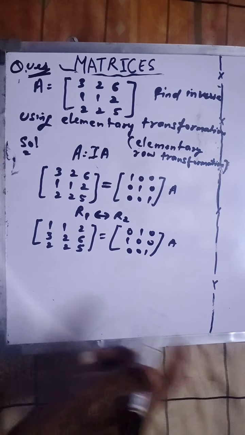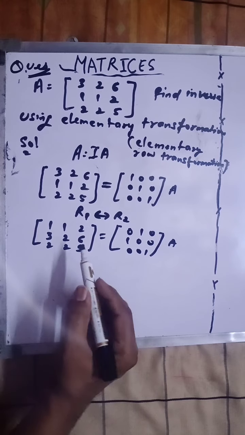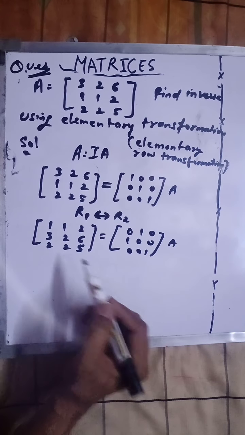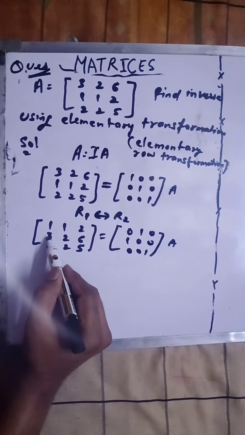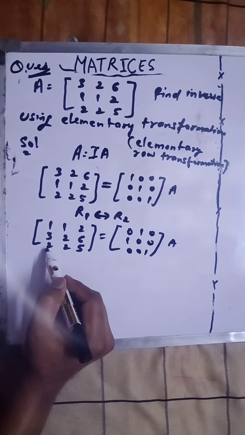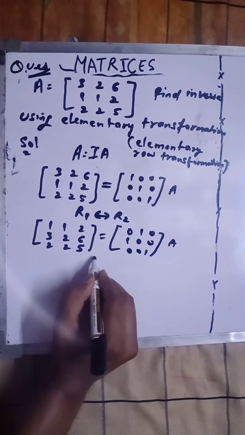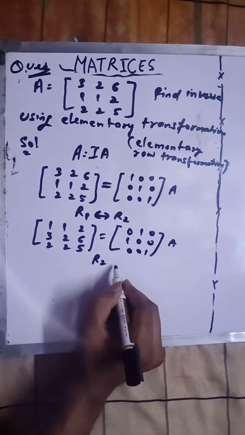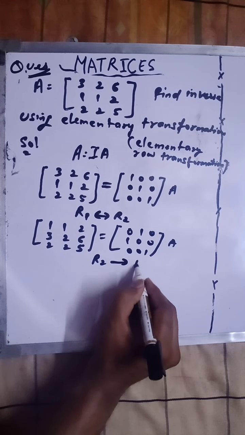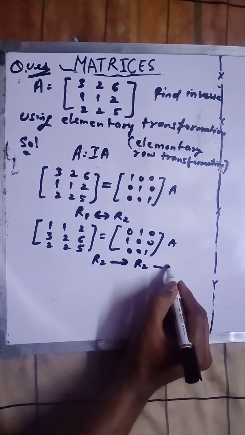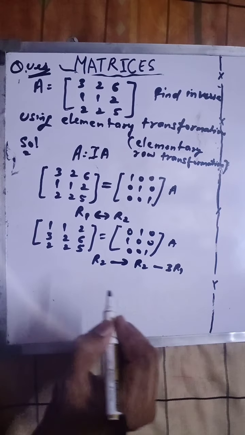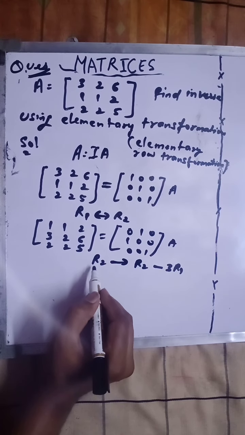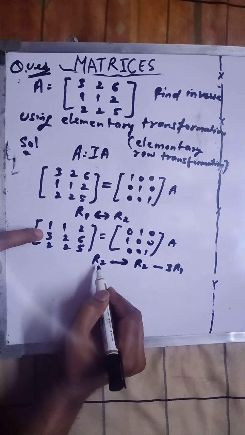Yes. In next step, I can see this must be 0, this must be 0. Okay. So what I'm doing, I'm changing R2. R2 goes to R2 minus 3 times of R1. So what I'm doing, I'm changing row R2 because I need 0 here.